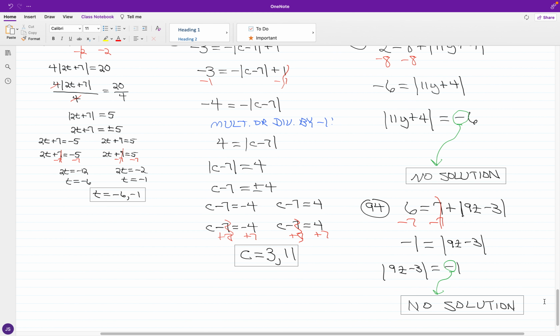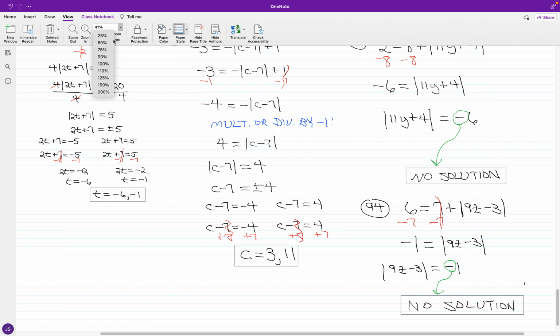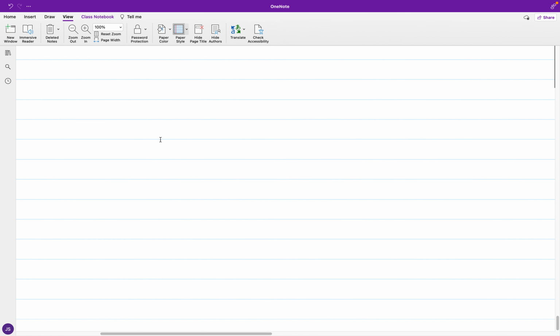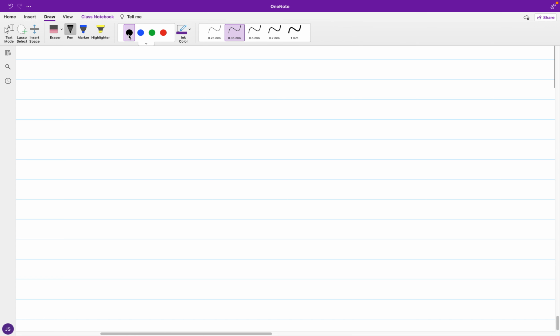All right, now for what we have among the remaining absolute value items. Okay, now 96, this is a little bit of a trick one, where you have absolute value terms set equal to each other.